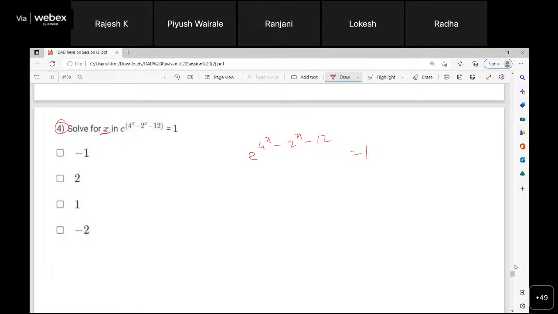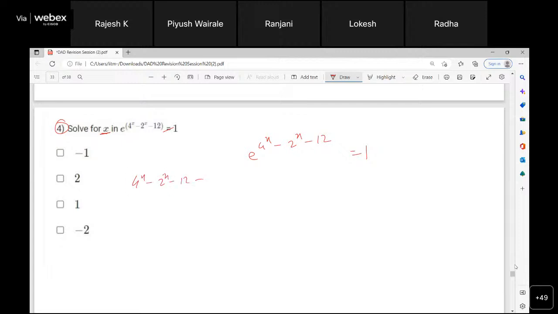Because e raised to 0 is equal to 1, whatever exponent we have will be equated to 0. So 4 raised to x minus 2 raised to x minus 12 is equal to 0. So that's how we start.